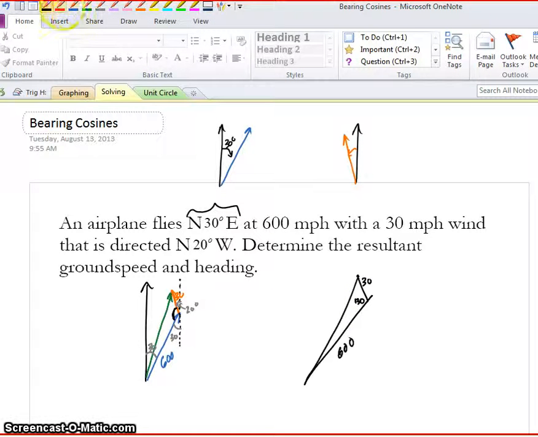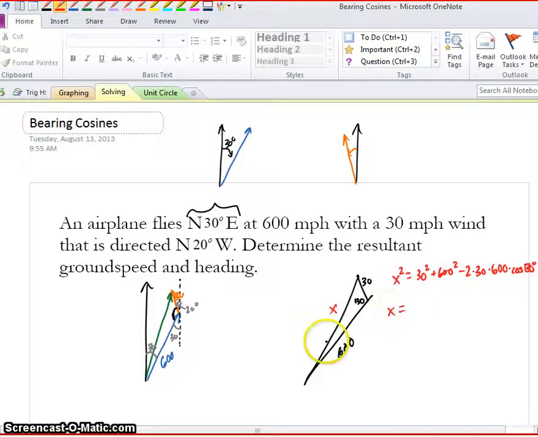Once we know this information, we have enough to find the length of the third side of the triangle using the law of cosines. So if we call this side length x, I know that x squared is equal to 30 squared plus 600 squared minus 2 times 30 times 600 times cosine of 130 degrees.